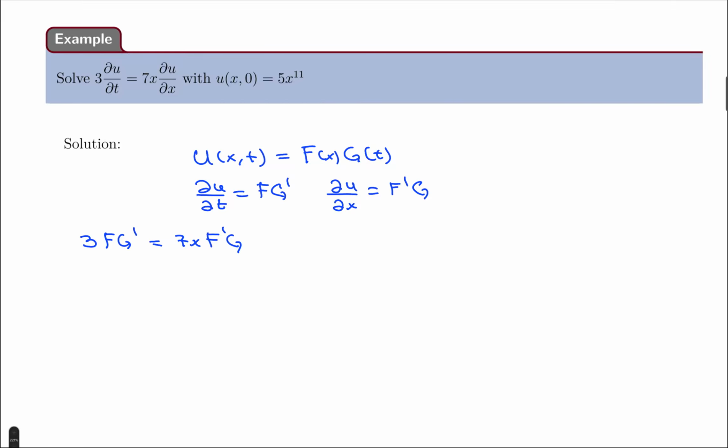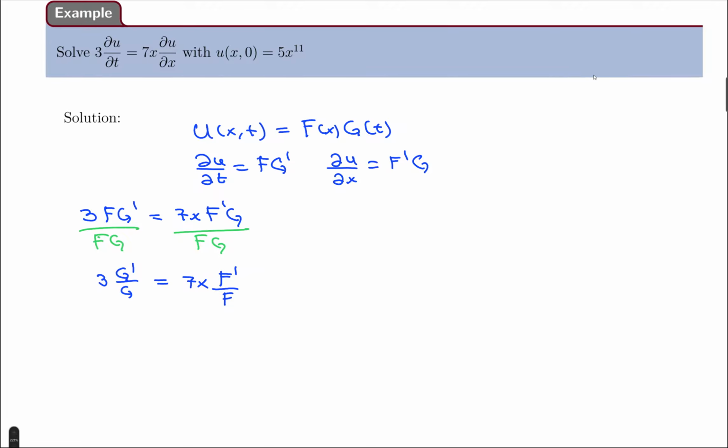Well, the trick here again is to divide both sides by fg. That's going to leave us with 3 g prime over g equals 7x f prime over f, right?